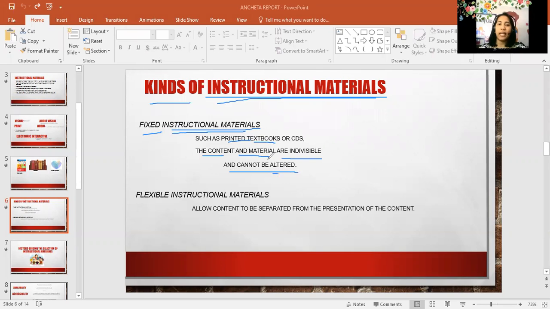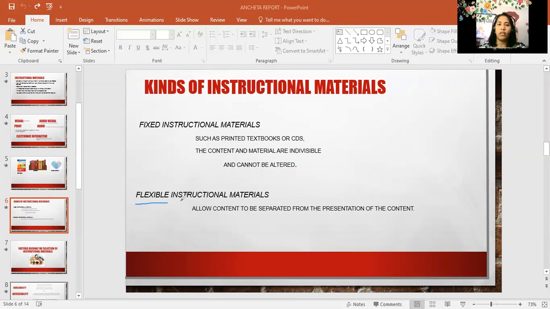It means it cannot be changed. So it is fixed. All details, including information inside the book, textbook, or printed ads, cannot be altered.